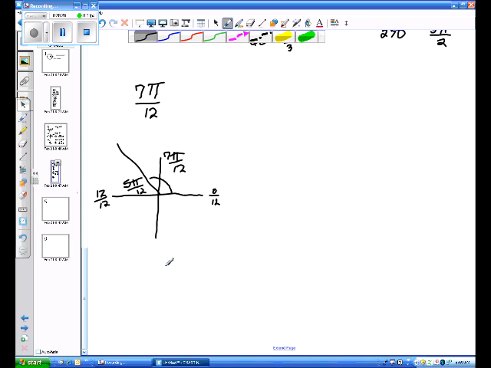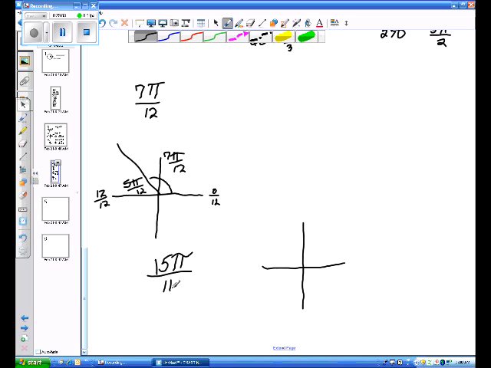So let's say that we have 15 pi over 11. Okay, we want to draw this in standard position.